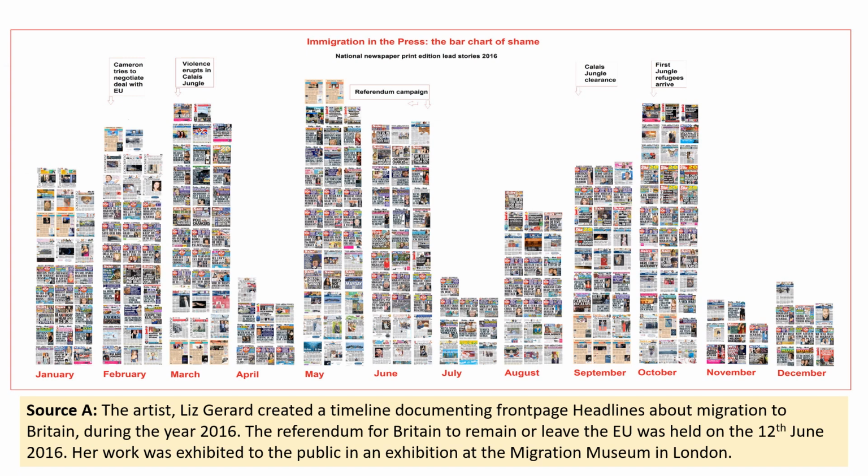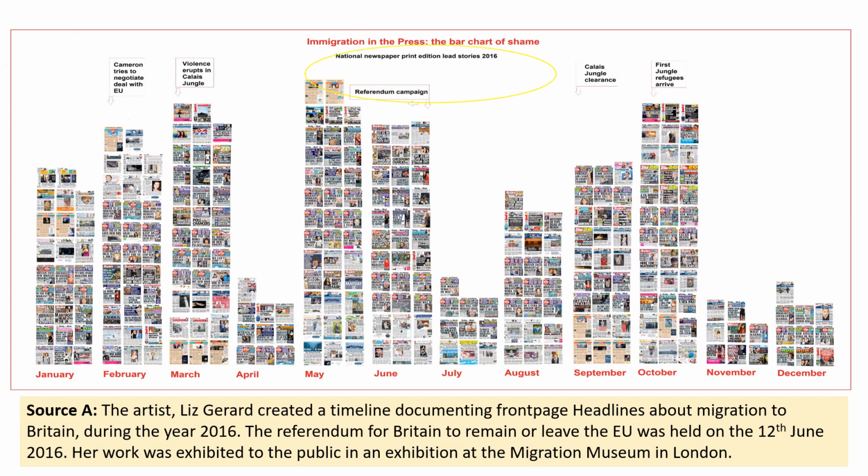Now we're going to do some source work in a second, but first I'm just going to introduce you to this source in particular, and then another source on the next slide, because they might be slightly confusing. Now this source is called Immigration in the Press, the Bar Chart of Shame.